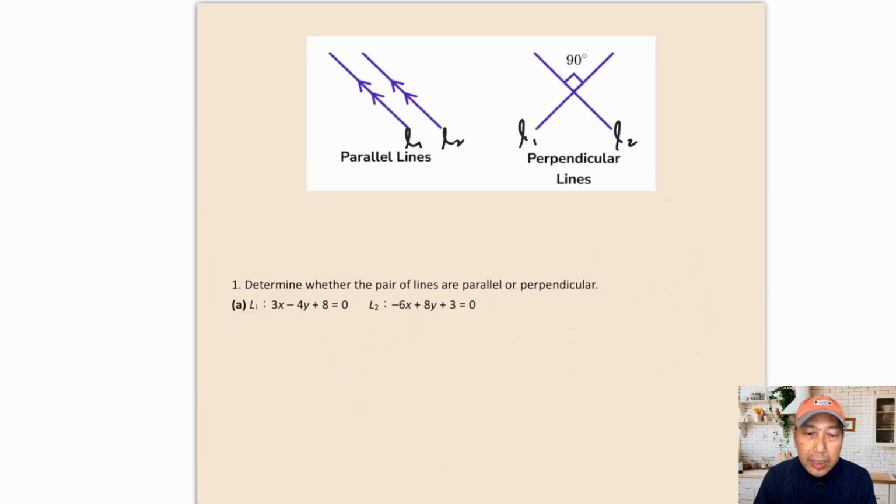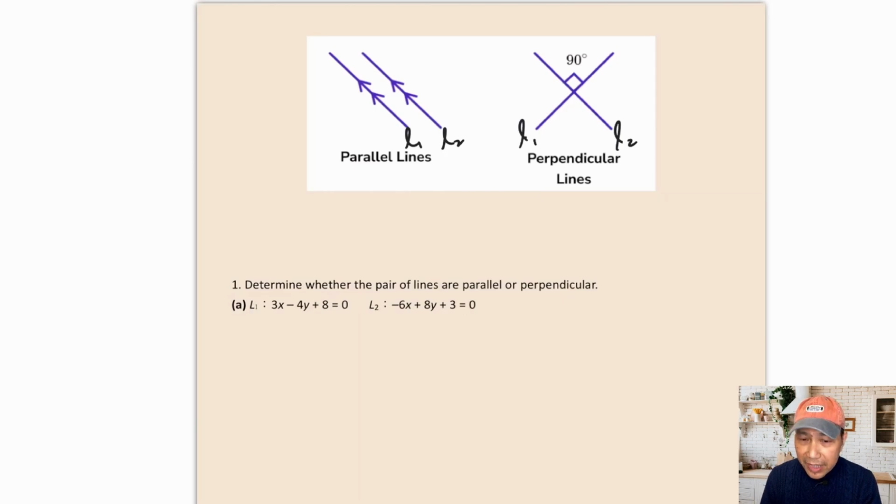In question 1, we need to determine whether the given pair of lines are parallel or perpendicular. To do this, we simply check their slopes. However, before we start the exercise, we need to know some facts about the slopes of parallel and perpendicular lines. Let the slopes of the two lines be m1 and m2 respectively.